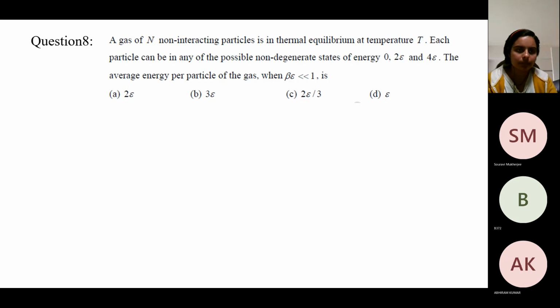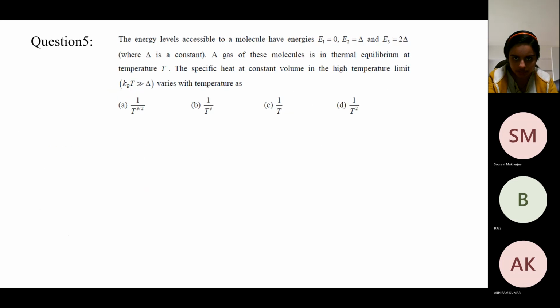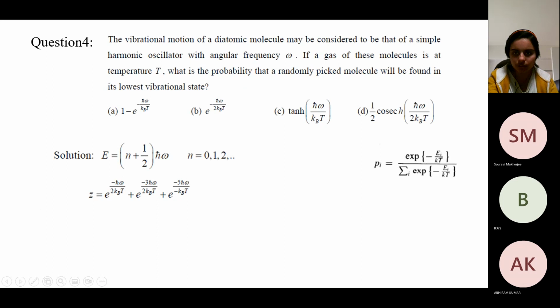So if you remember, P of i is equal to e to the power minus beta epsilon i by Z, right? Do you remember that? I'm talking about this relation.